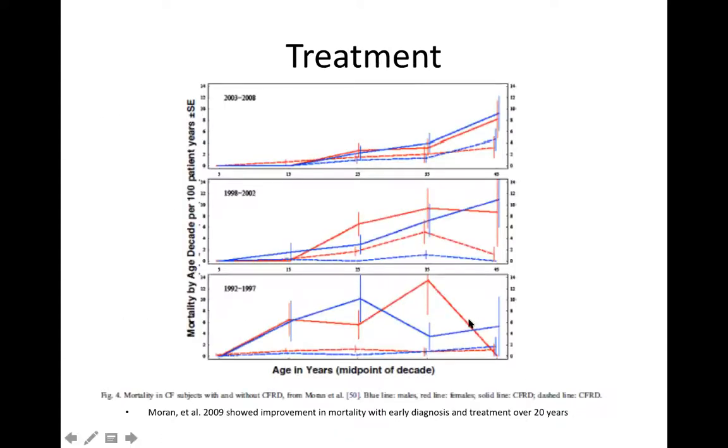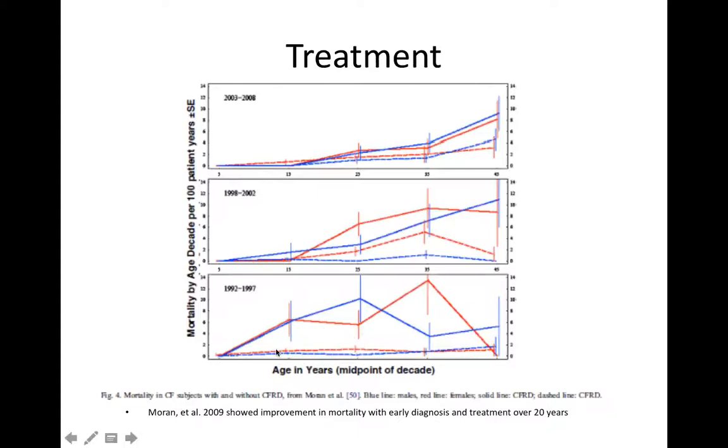So you can see down here, these are the patients from the 80s. And if you look at these graphs, the mortality of patients with cystic fibrosis, blue lines are males, red lines are females. The solids have cystic fibrosis related diabetes, and the dotteds have intact glucose tolerance.